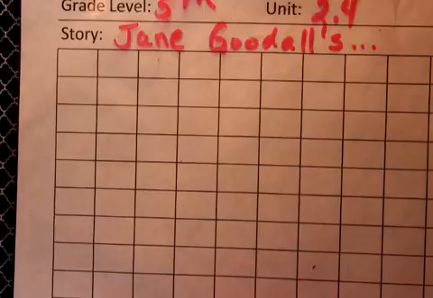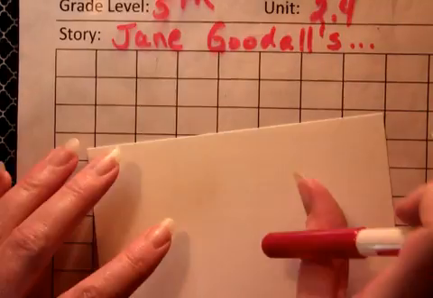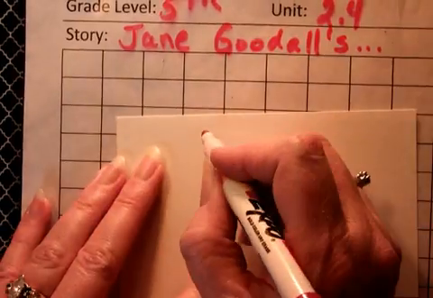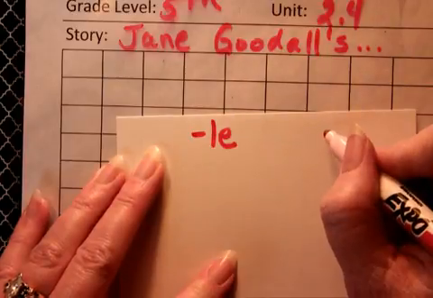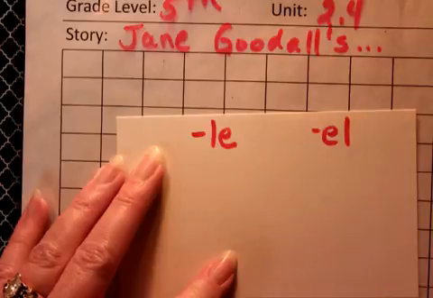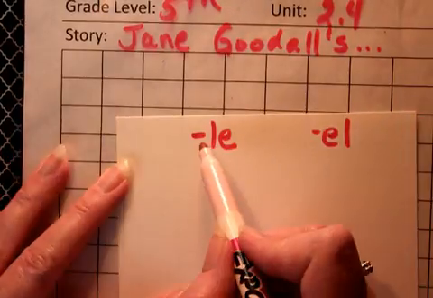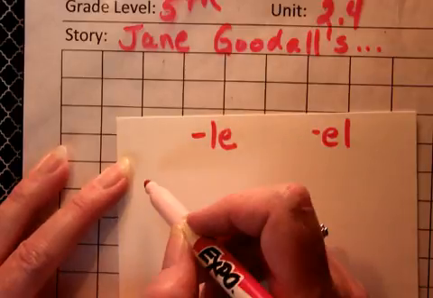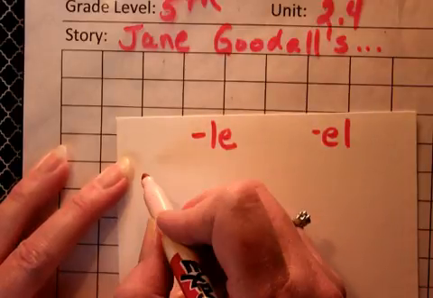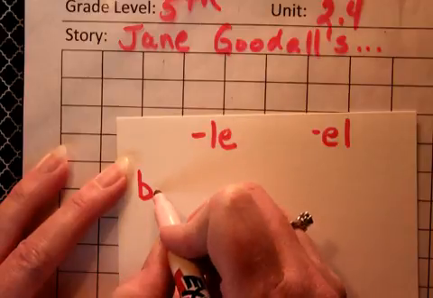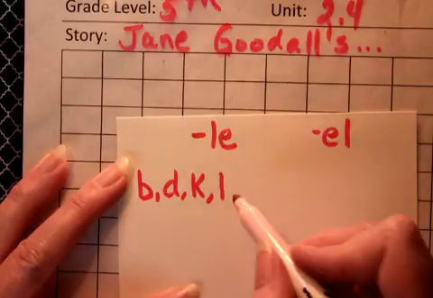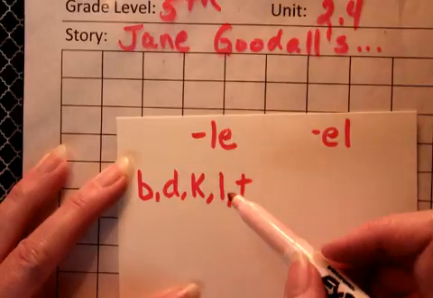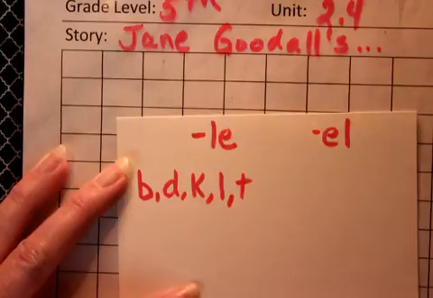Let me show you with one of my index cards. To find out if we use the consonant LE or the EL ending, look at the letters. Ascending, which means going up, letters like B, D, K, L, T, are all letters that go up to the top of the writing line.